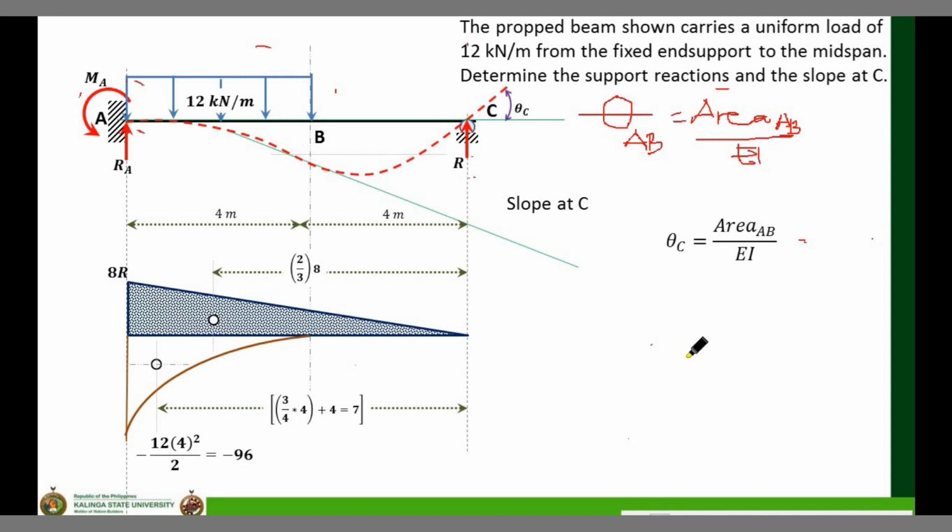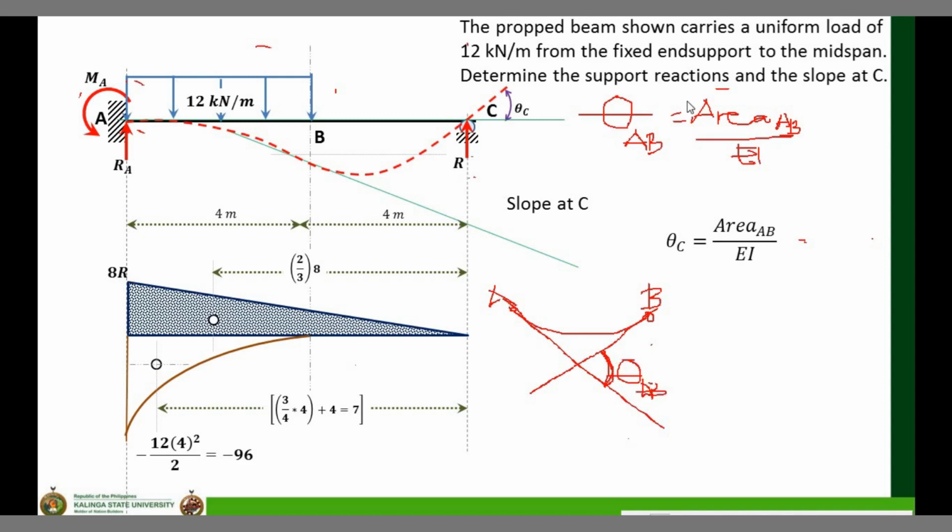Let us go back to the diagram, the elastic curve. This is your elastic curve, here is point A, here is point B. Then, drawing the tangent line passing through A and the tangent line passing through B, the angle between the tangent lines is the slope AB.